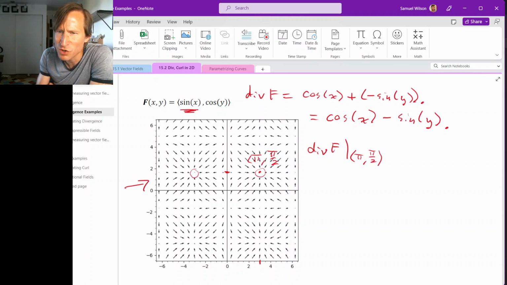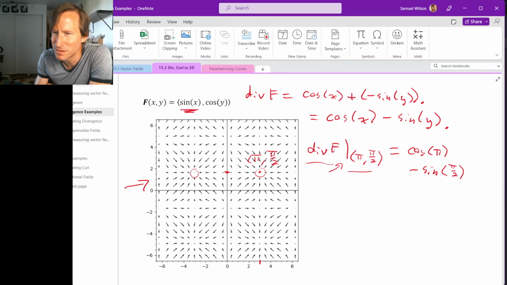If you haven't seen this vertical bar notation, this just means evaluate this function at that point. So we're just plugging in the point (pi, pi over 2) into the function divergence of F. Okay, so we get cosine of our x coordinate, which is pi, minus sine of our y coordinate, which is pi over 2. So cosine of pi is minus 1, minus sine of pi over 2 is 1, so we get minus 2.